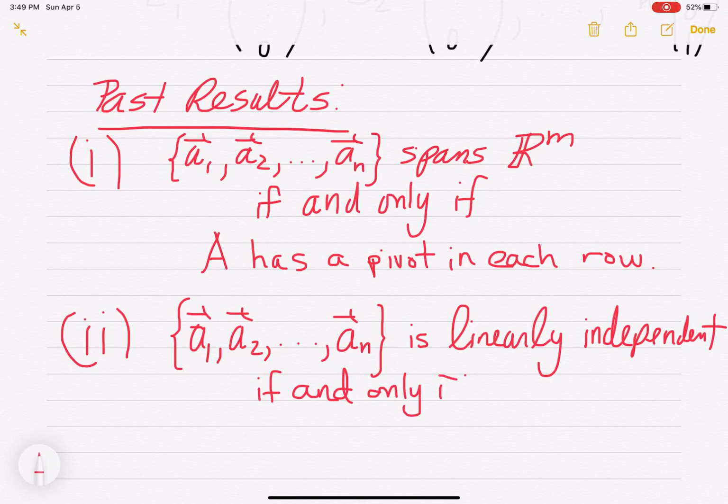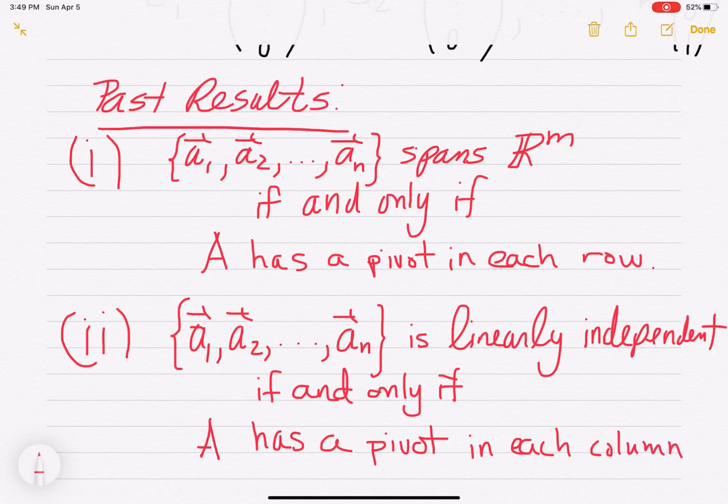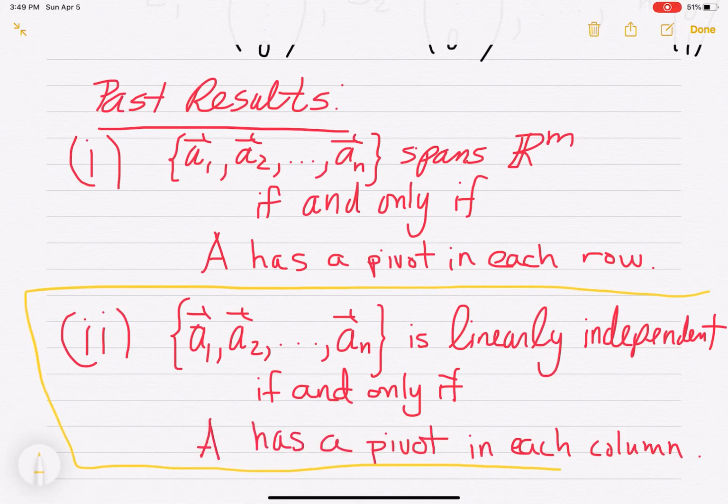That's equivalent to this: if and only if the matrix A, which consists of those columns A1 through AN, has a pivot in each column. So this second result can always be used to test for linear independence, always.